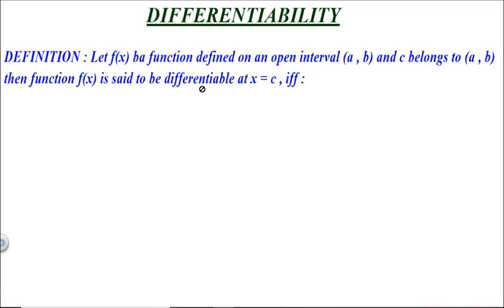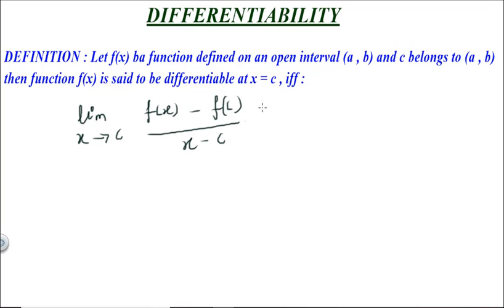The function is said to be differentiable at point c if the limit as x tends to c of (f of x minus f of c) divided by (x minus c) exists finitely, if this gives us a finite value.